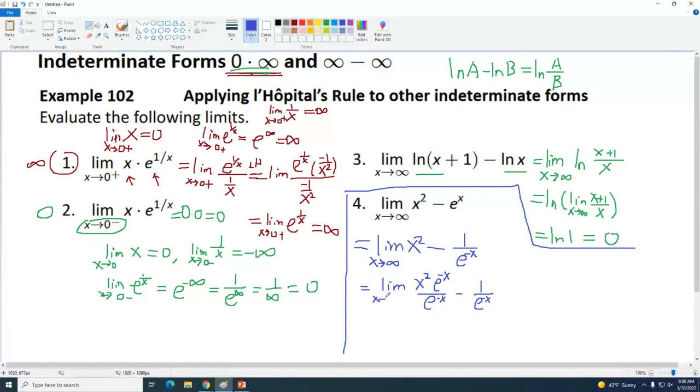Now we're creating a fraction from the second term, and then we have a limit. e to the negative x is a common denominator. The numerator is x squared times e to the negative x minus 1, as x goes to infinity.